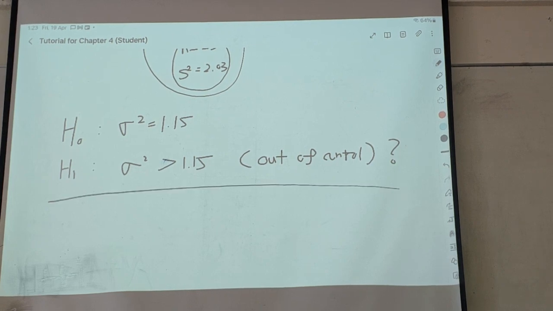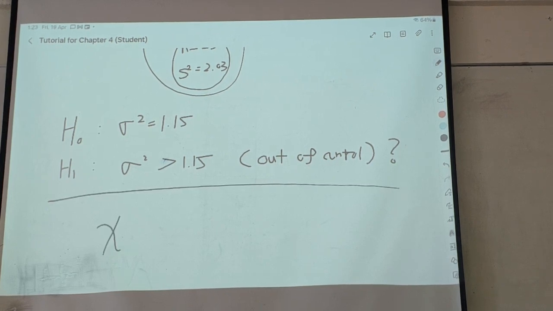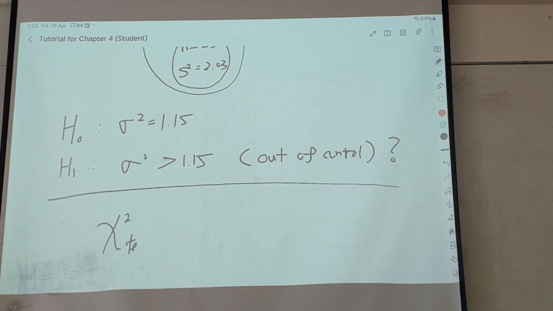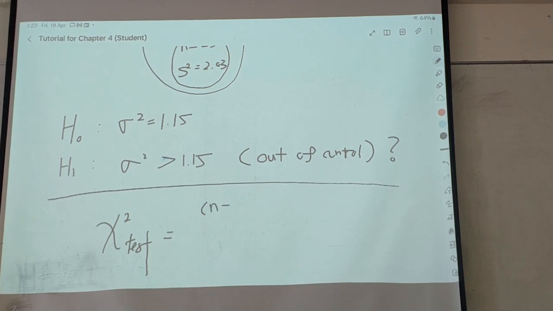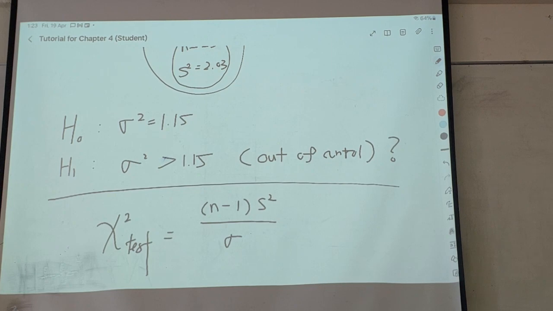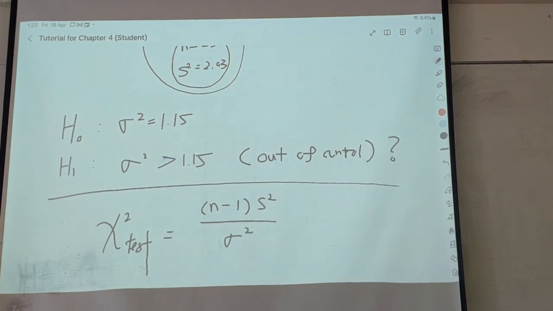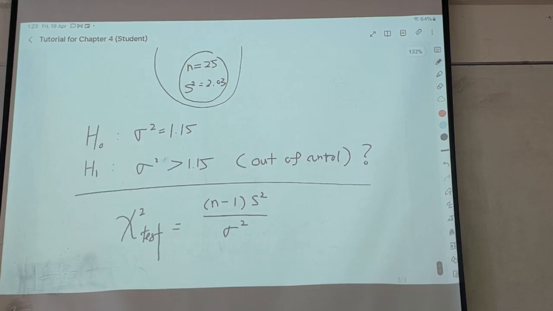So, the second step, chi-square test. We use the chi-square test. The formula is n minus 1 times s squared divided by sigma squared. You see we have all this information already.